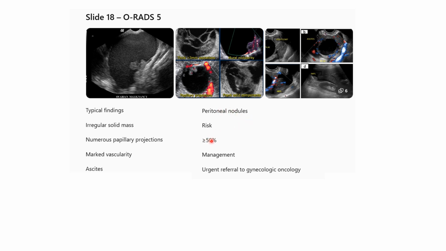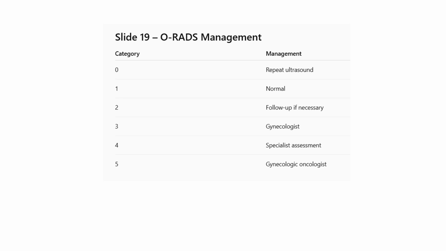The risk is greater than or equal to 50%. The management of O-RADS class 5 lesions is urgent referral to the gynecology oncology department for further management. You can see there are solid lesions there with increased grade score for internal vascularity.